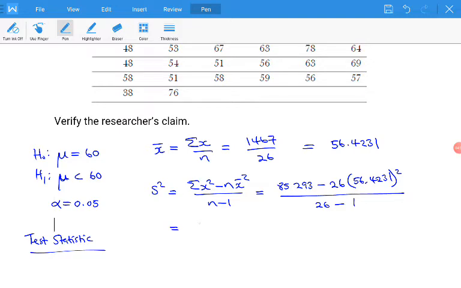Here we get a variance of 100.814. So the standard deviation S is equal to the square root of the variance. This gives us 10.0406.